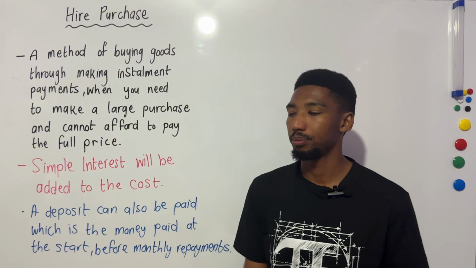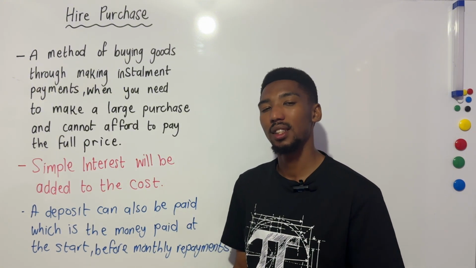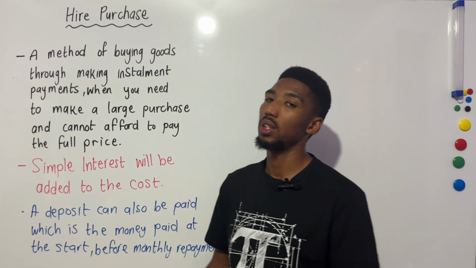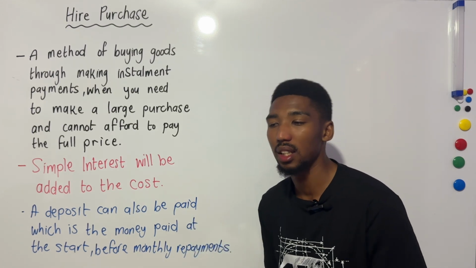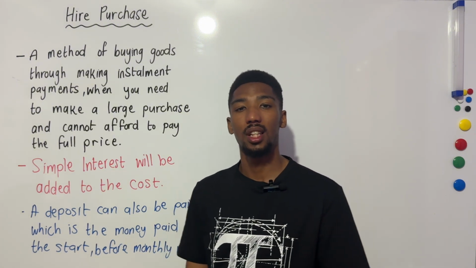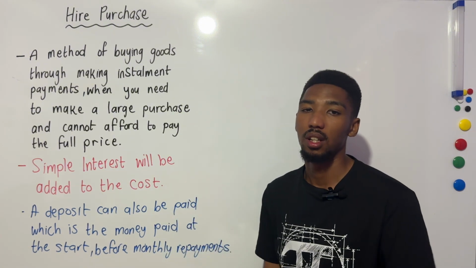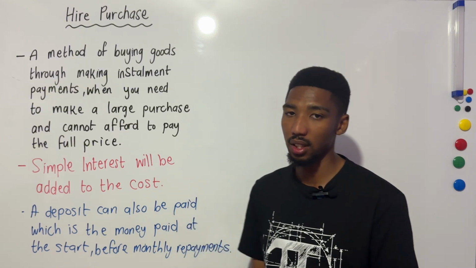What does that mean? So, I'll go to the shop, right? And instead of me paying 20,000 rand upfront, we make an agreement and I say, right, I'm going to pay 1,000 rand every month until I have paid up for the TV.